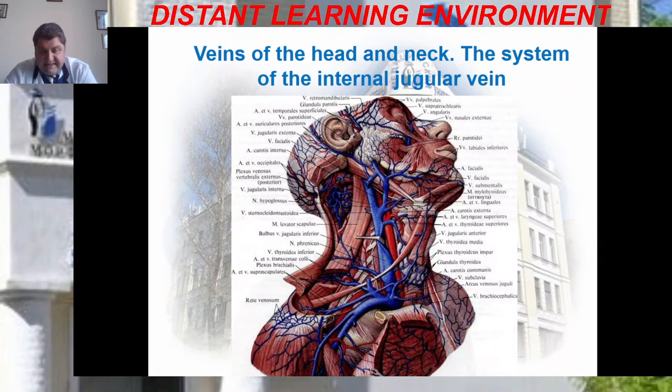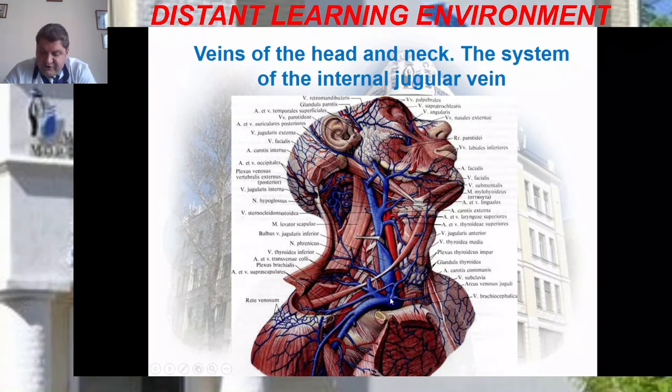The vein passes downward laterally to the internal carotid artery and further down laterally to the common carotid artery. A second distension, the inferior bulb, you may see it here, is formed at the lower end of the jugular vein before it joins the subclavian vein.